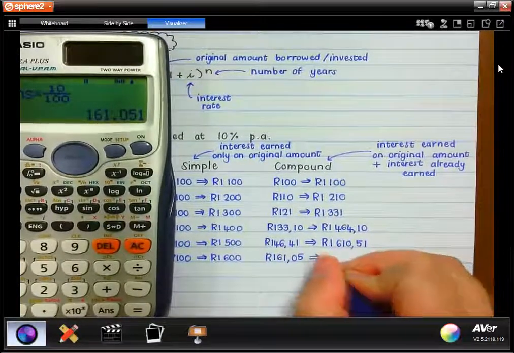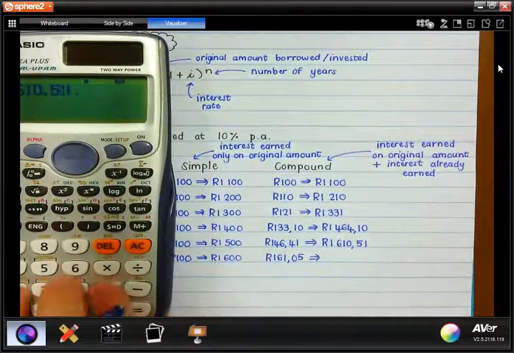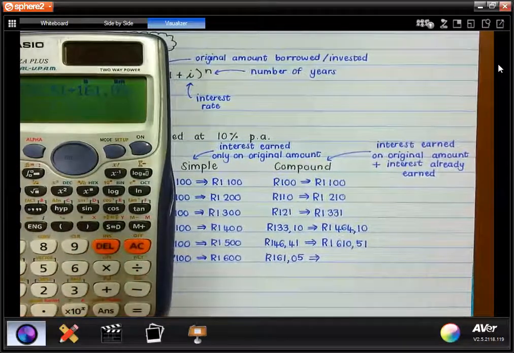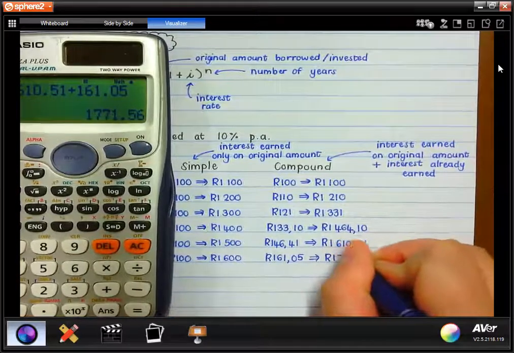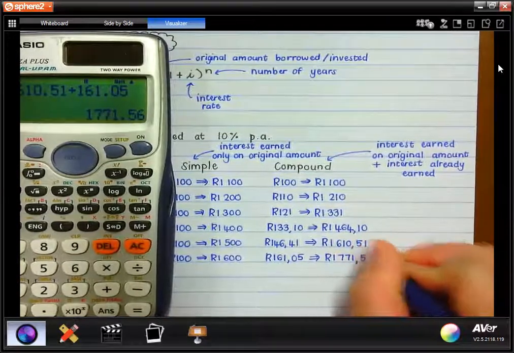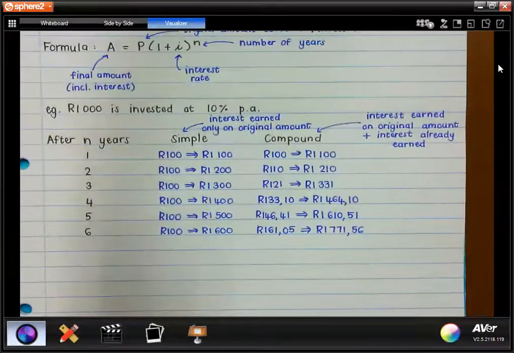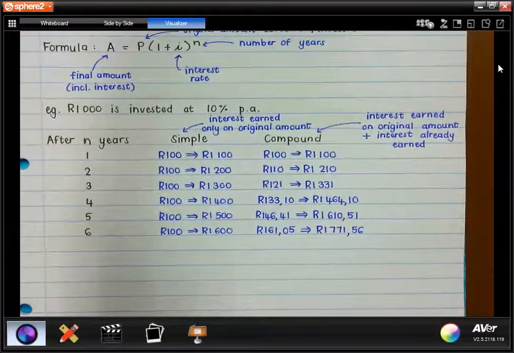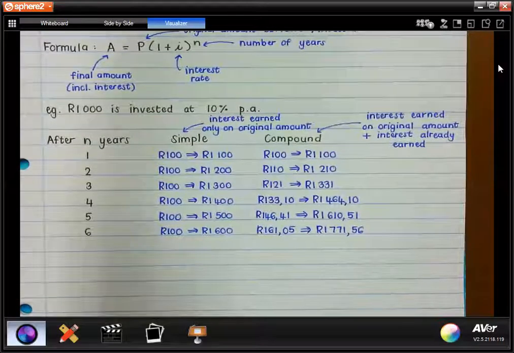And that means that we now have, let's do this, 1.51 plus 161.05. We now have 1,771 Rand and 56 cents. Which is what? 170 Rand more than if we had invested it with simple interest.